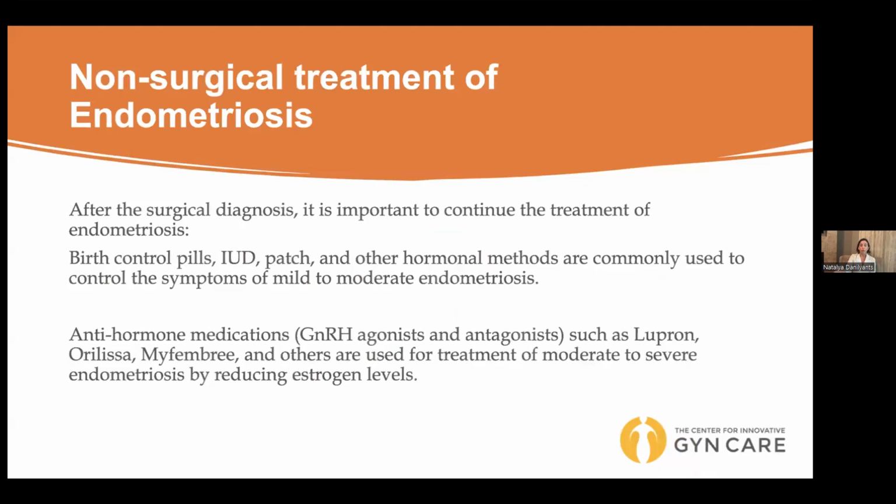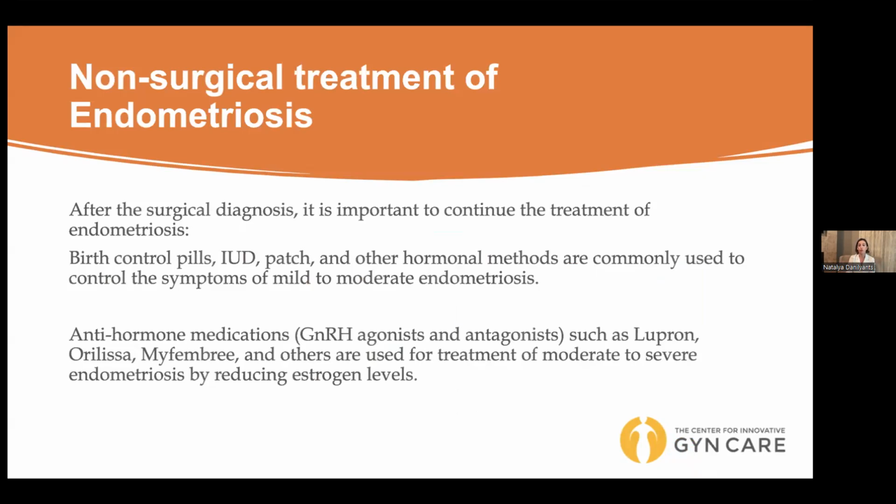So non-surgical treatment, again, is all focused on post-surgical treatment, right? You're not going to treat something if you haven't even made the diagnosis of endometriosis and you have no idea if it's there or how severe it is. I don't recommend just starting these medications because you don't really know what you're treating.